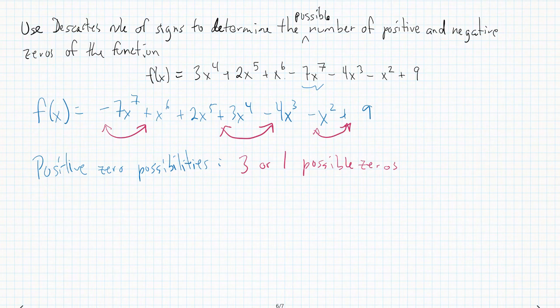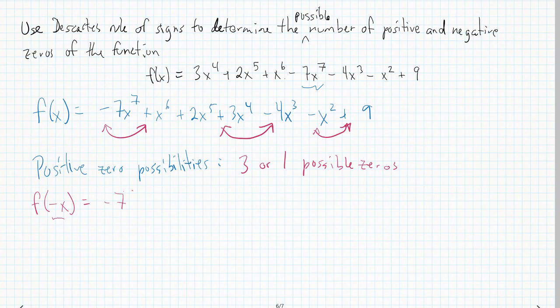Now for the negative zero possibilities, it gets a little bit trickier. For negative zero possibilities, we're going to need to look at f of negative x. We already have f of x written in the other form.